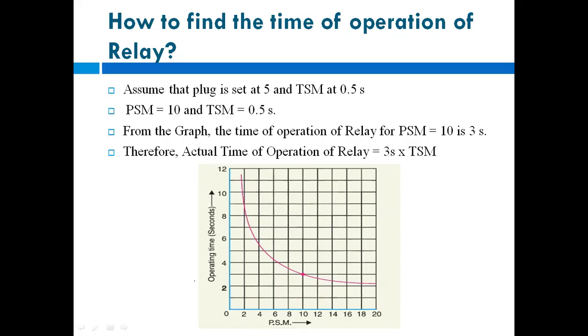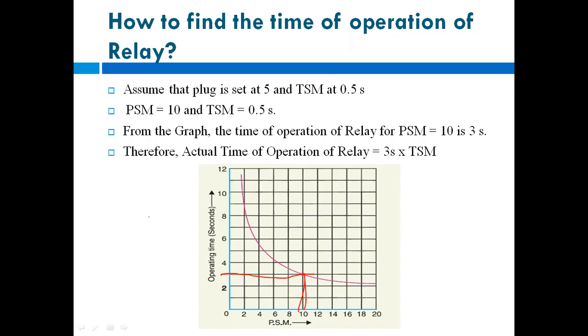From this general graph, when the plug setting multiplier is 10, the operating time is 3 seconds. Therefore, the actual time of operation of the relay is 3 seconds into the time setting multiplier.